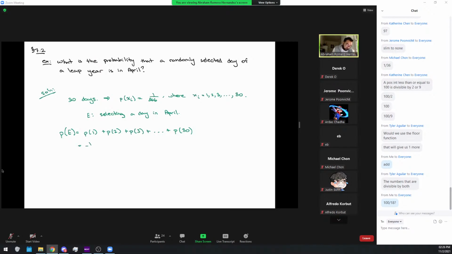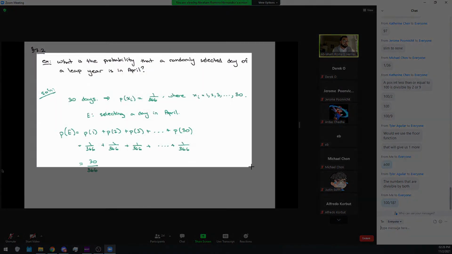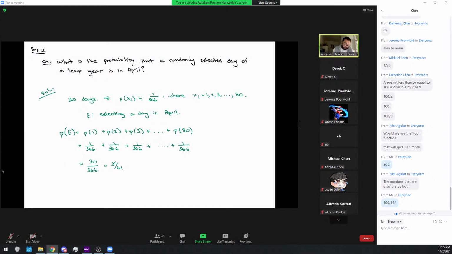Well, this is 1 over 366 plus 1 over 366 plus 1 over 366, all the way to 1 over 366. In the end, we already know that our solution is 30 over 366, which reduces to 5 over 61 if you really want to reduce it. I know I didn't reduce it, but you can if you want. So that's another way of looking at it.